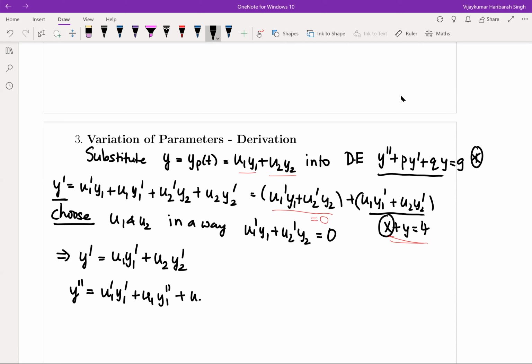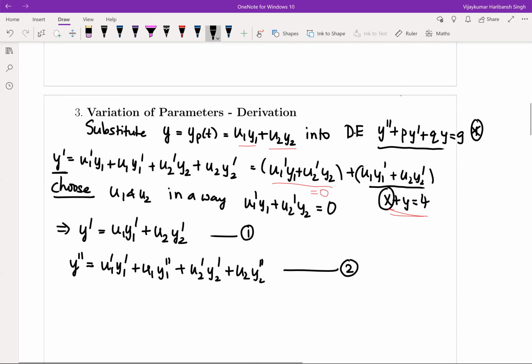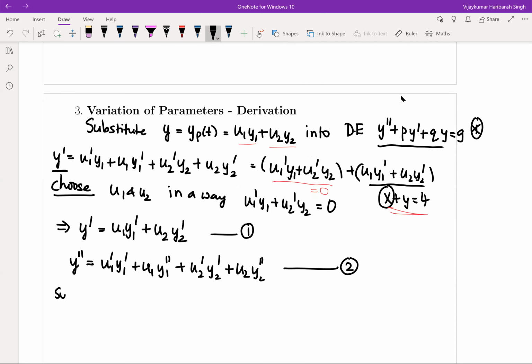Same thing here, u2 prime y2 prime plus u2 y2 double prime. So this is what you got, and then let's substitute y, y prime and y double prime in the original differential equation, star.